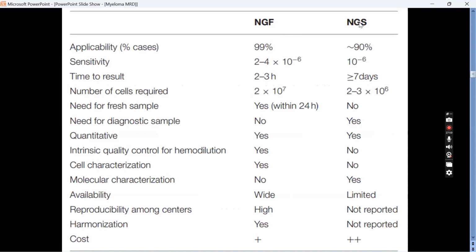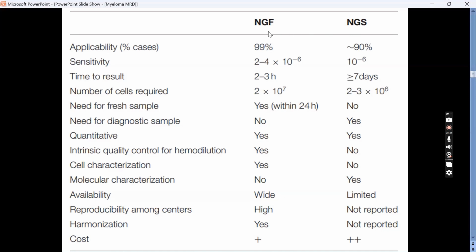With that rearrangement, you will be tracking whether any myeloma cells are still there in blood or in the marrow. So in NGS you use the immunoglobulin rearrangement which was specific to the myeloma cells as the tracker.